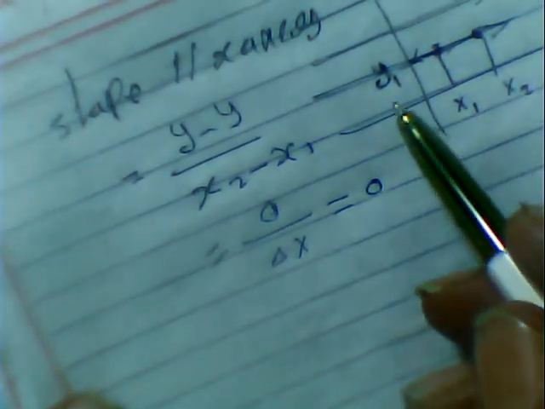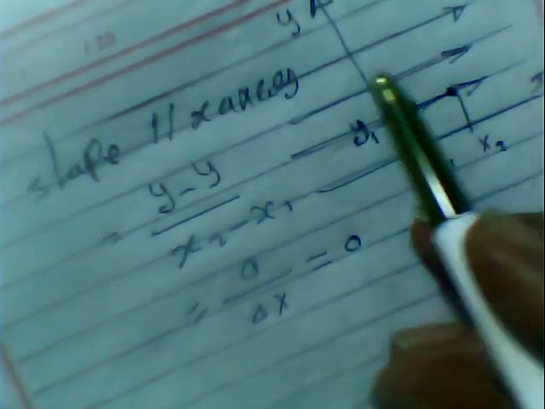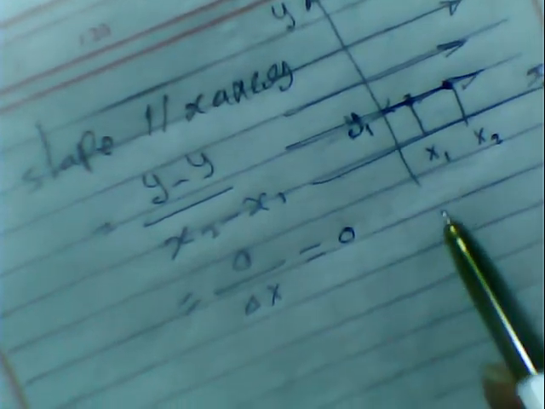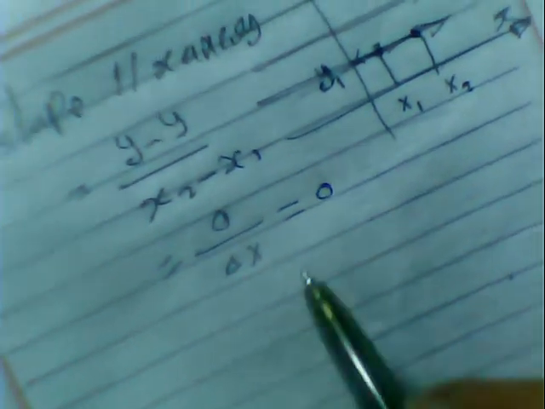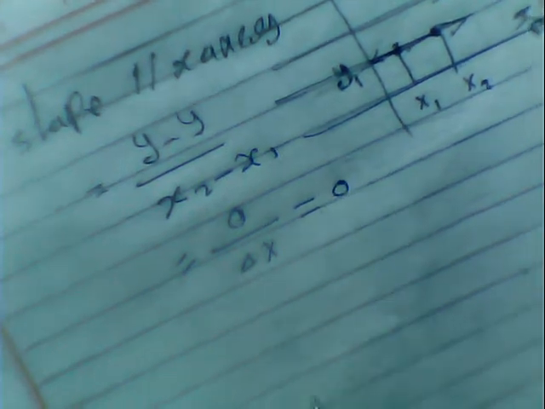Then any line parallel with the x-axis, like all these lines, has slope 0.